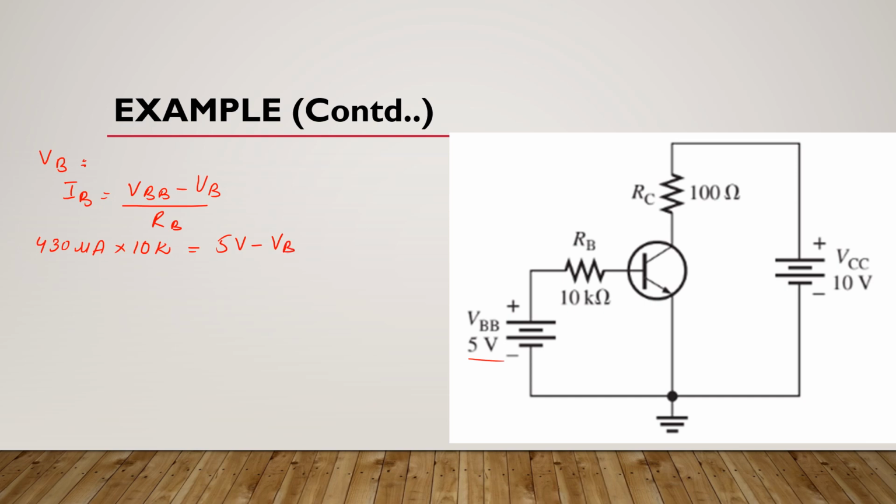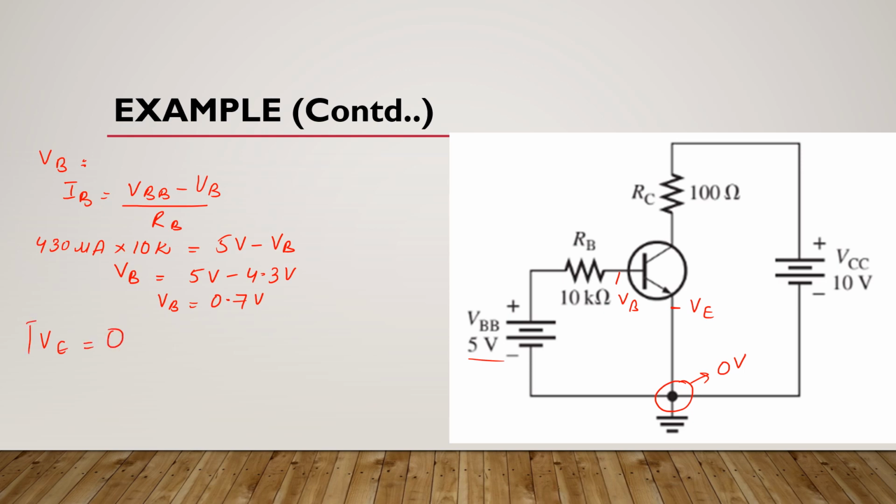Now if we rearrange this equation, we get VB is equal to 5 volts minus 4.3 volts, and it will give you VB is equal to 0.7 volts. Now as you can see, this emitter is at ground. It means here we have 0 volts. It means the nodal voltage of emitter is 0.